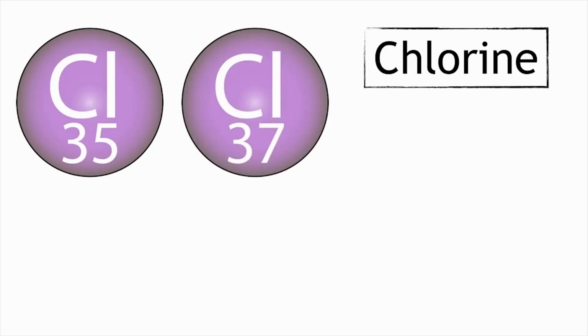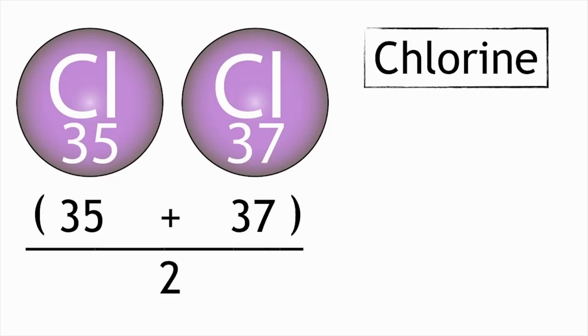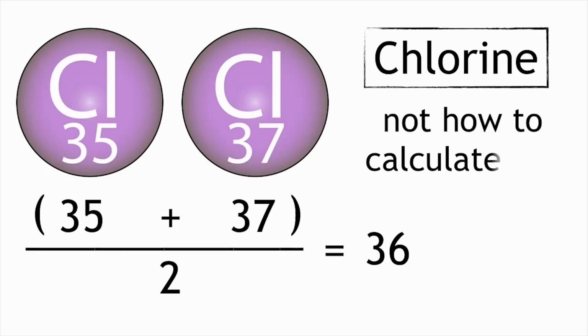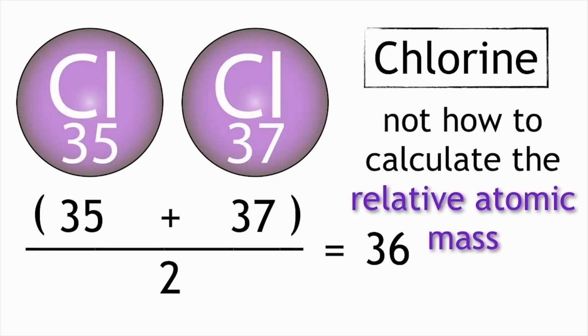In most cases, to take a simple average, you would just add the values together and then divide by the number of values mentioned. In this case, it would be 35 plus 37 divided by 2, and you would get an average of 36. But this is not how you calculate the relative atomic mass.